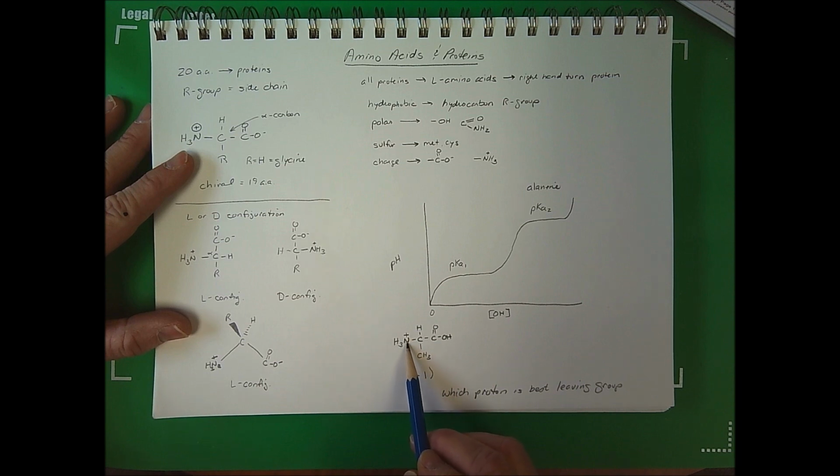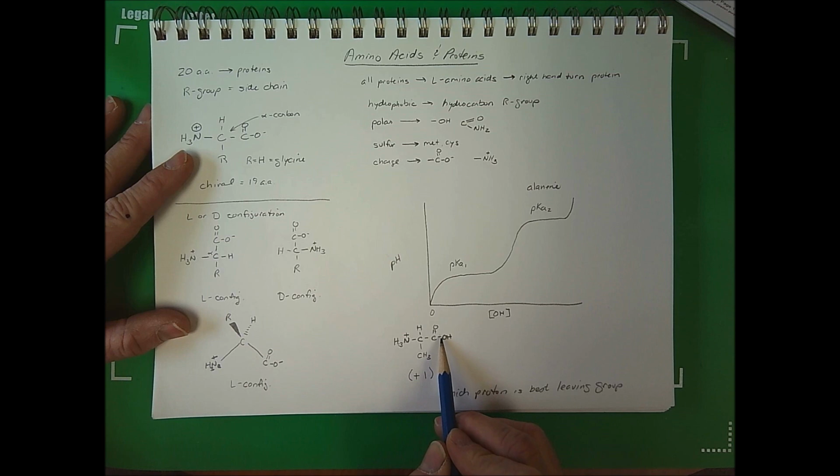This electronegative atom will be pulling electrons to maintain the binding here of the proton, but this is a fairly stable bond. Now look at this bond here. Notice we have in the carboxyl group the potential for resonance between these two oxygens on this carbon.